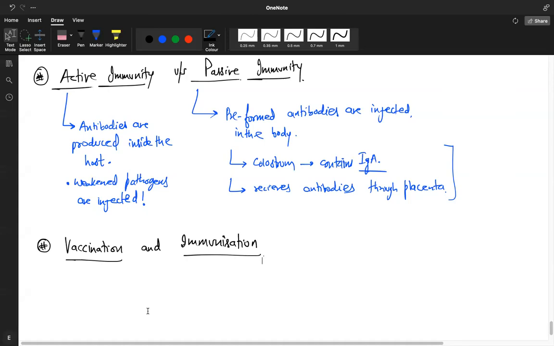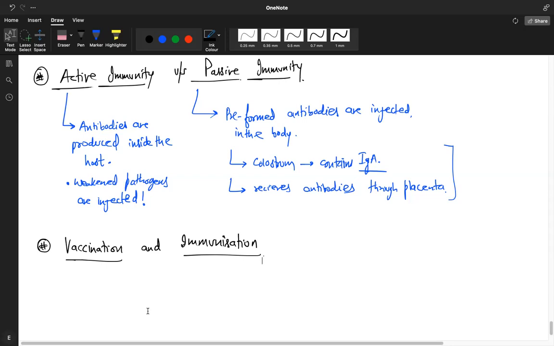Pfizer. Okay. You must be knowing the name Covishield or Covaxin or Sputnik, like that. Anyone has taken Covishield? You, Alia? Yes, sir.